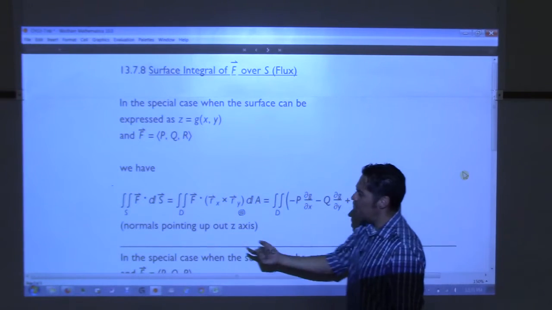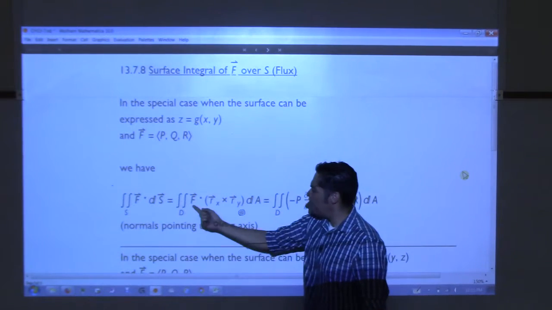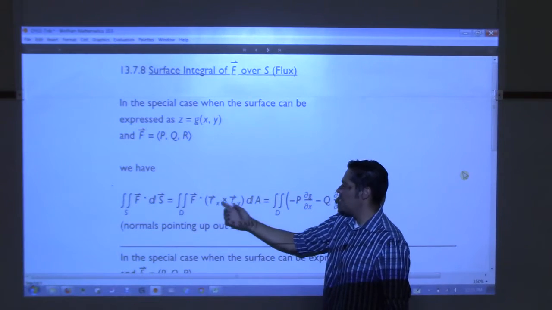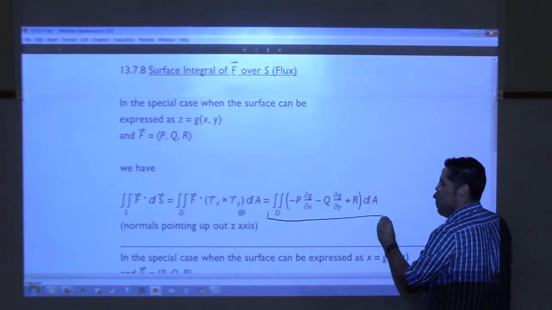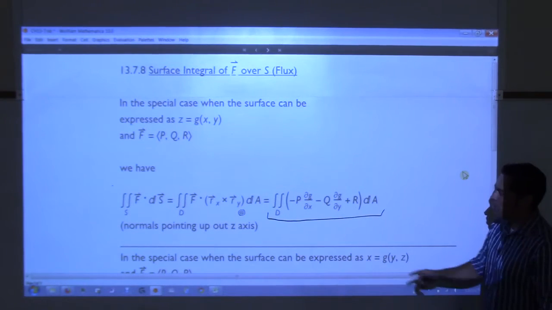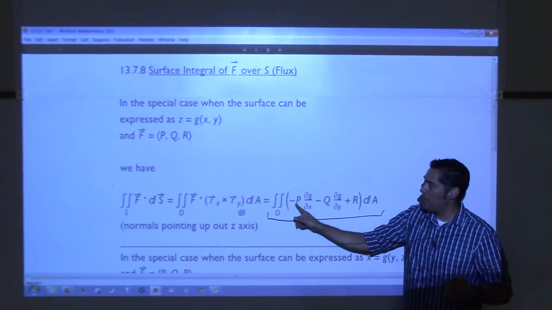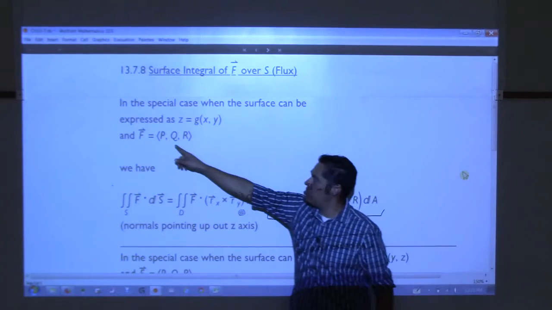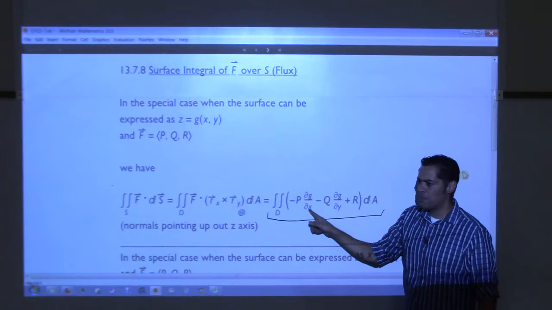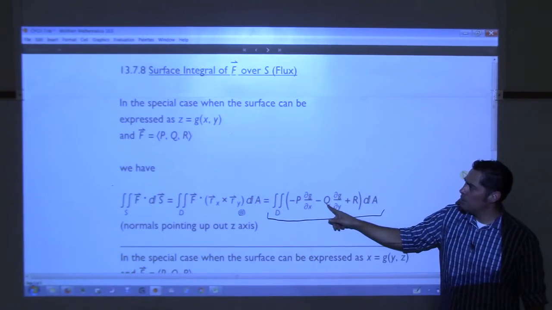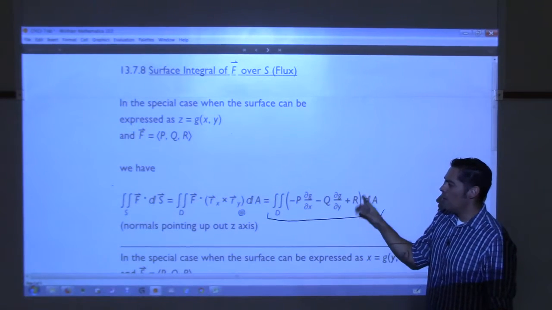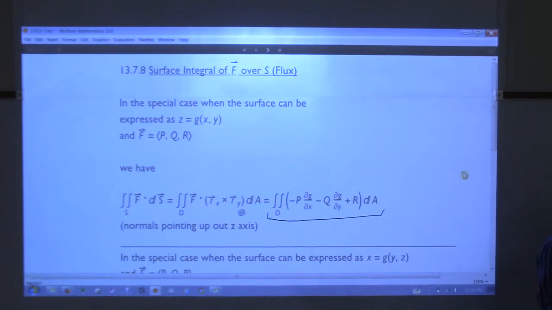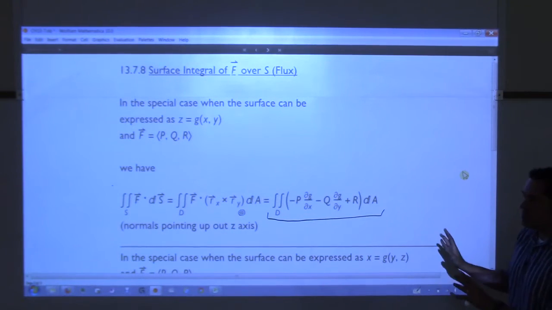Then the flux integral is F dotted with this thing, but you don't need to worry about any of that anymore because this is what it becomes. It is the double integral over D of negative P, so whatever this is, times the partial of g with respect to x, minus Q, times the partial of g with respect to y, plus R, all of that dA. So you don't have to do any magnitudes or any cross products or anything like that. Very nice and very clean.